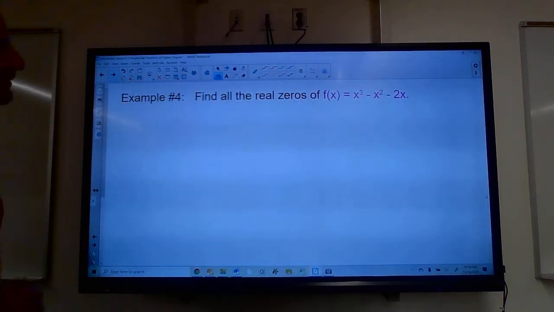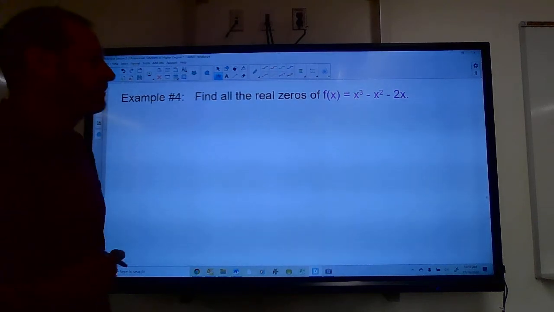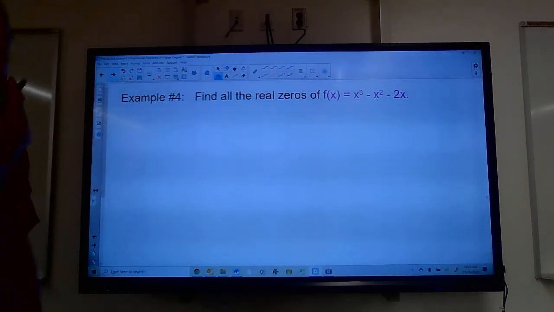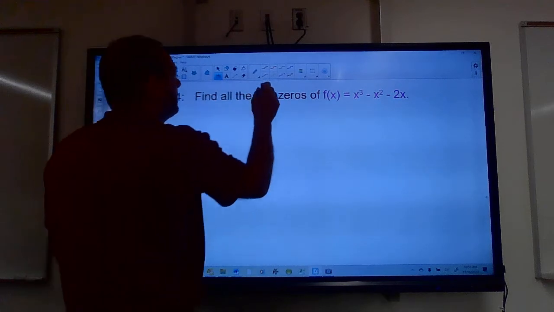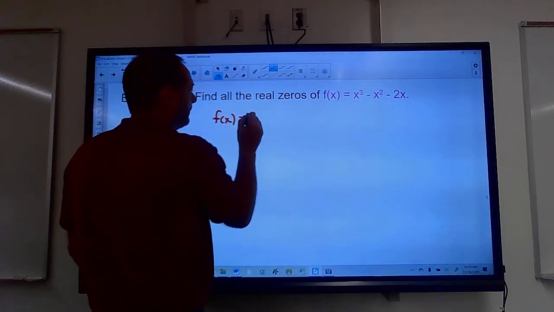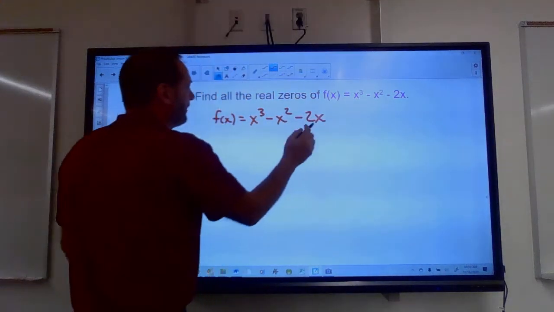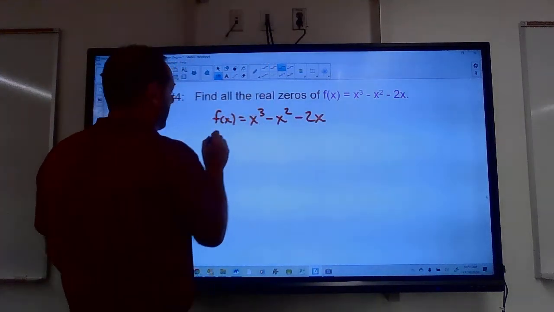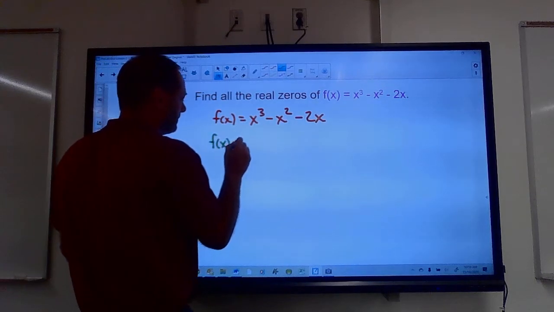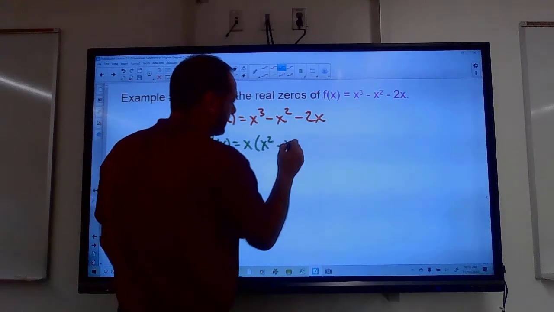Find all the real zeros of f of x equals x cubed minus x squared minus 2x. So you're going to want to be good at factoring. Let's take a look at this. We'll rewrite the equation here. Now all these terms have an x, so I'm going to go ahead and factor out an x. That leaves me with x squared minus x minus 2.